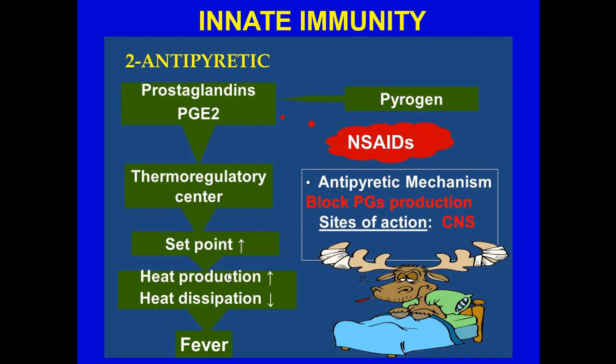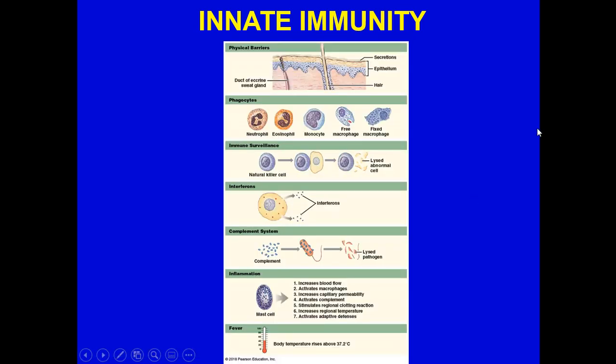And as we've talked about, when you increase fever, you begin to have negative effects on the growth of the pathogens, etc. You speed up metabolism, etc. So you get this sense that they don't want fever to go too high, but they don't want it to be completely ablated, because then the patient may become overwhelmed by the infectious agent. Okay, this is the review of the innate system.